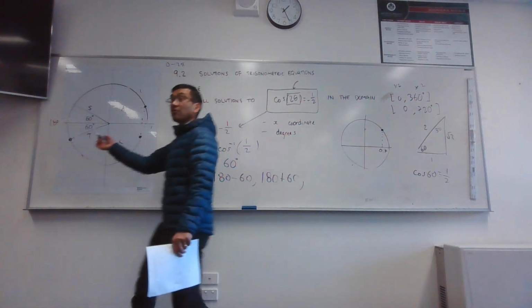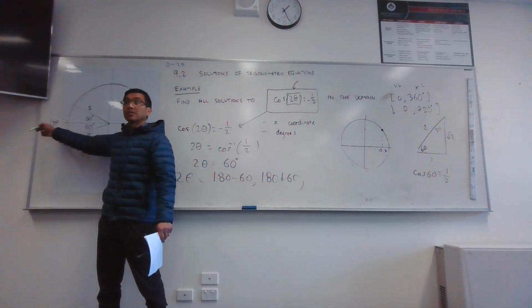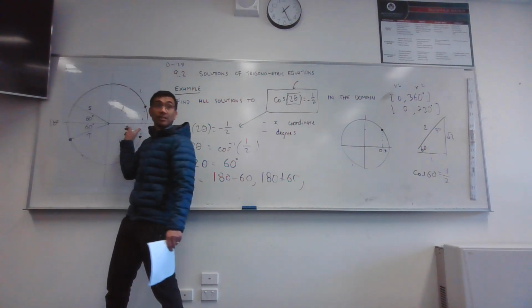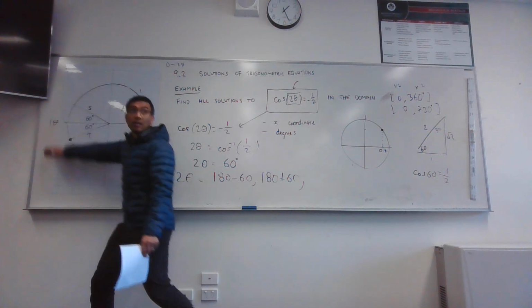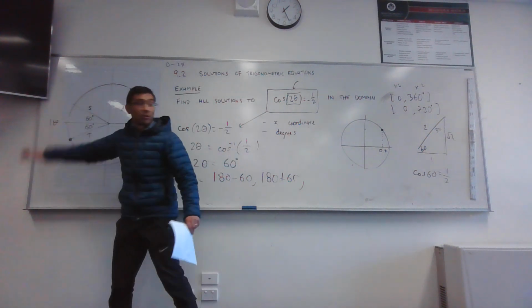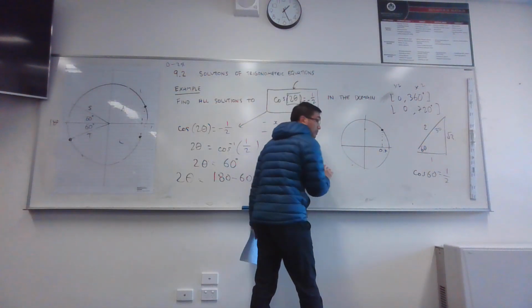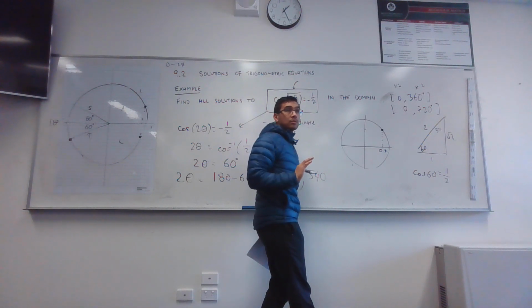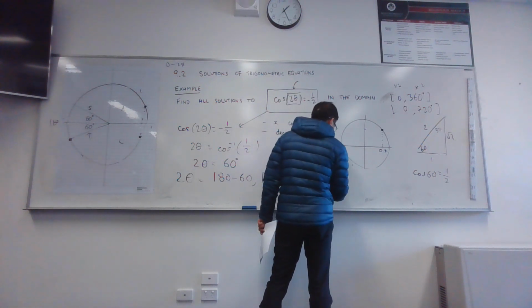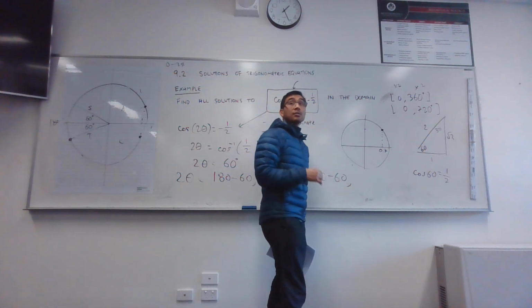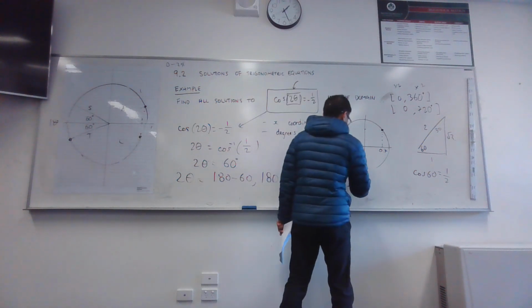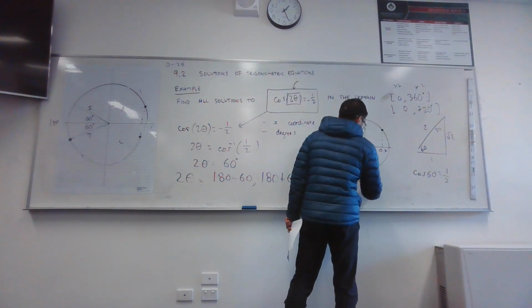And then we go round again. What's the next time round? If this is 360, we go 180, 360. It's a 540. 540 what? Good, Nathan. And the last one is 540 plus 60. Good.